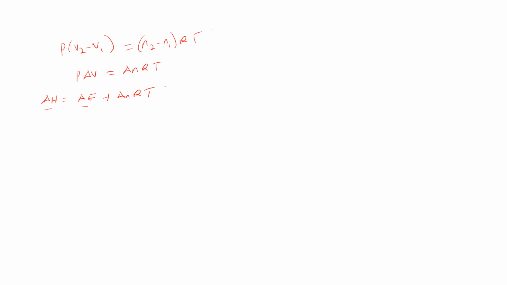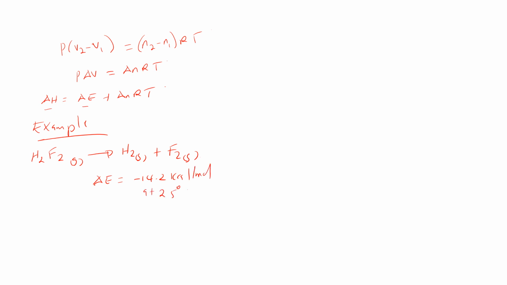Okay. An example is you have this equation, gas going to gas plus F2 gas, and you're given the delta E value to be equal to minus 14.2 kilocalories per mole at 25 degrees Celsius, and you're told to calculate delta H. So we know that delta H is equal to delta E plus delta N RT.